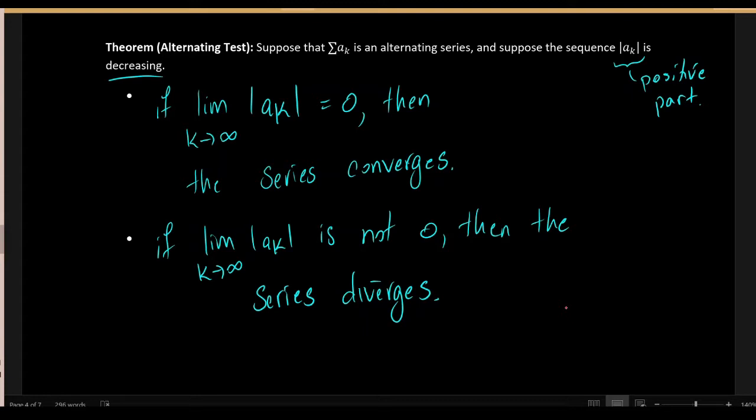However, if you're very, very lucky, and you happen to be in this situation where you have an alternating series, then the alternating series test steps in as a new and improved edition of divergence test, which says, yes, if the limit of the sequence is non-zero, then the series does diverge. But not only that, if the limit of the sequence is zero, then the series must converge.